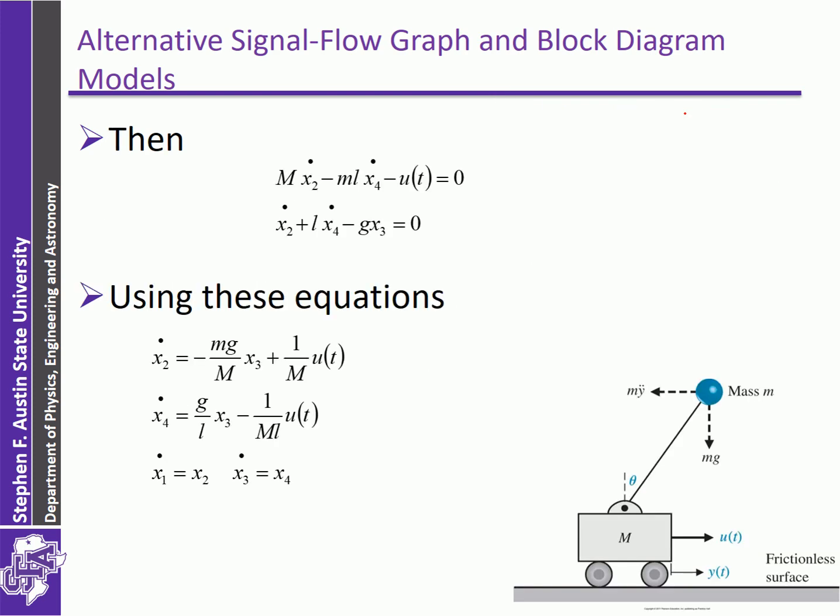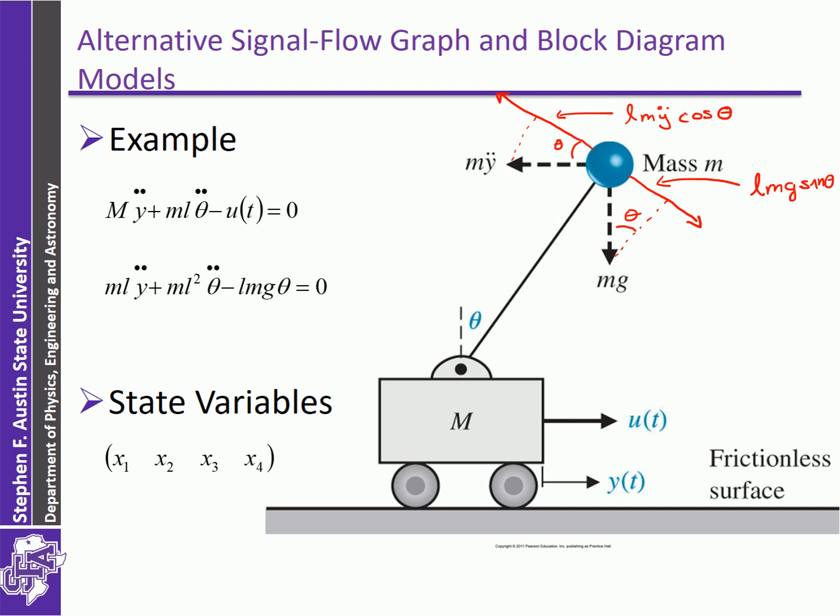Now that we have it like this, we're going to use the equation that says the sum of the torques should be equal to the derivative with respect to time of the angular momentum, L. In this specific case, because we're working with a mass, the angular momentum is going to be equal to I times theta dot, where I is the moment of inertia.